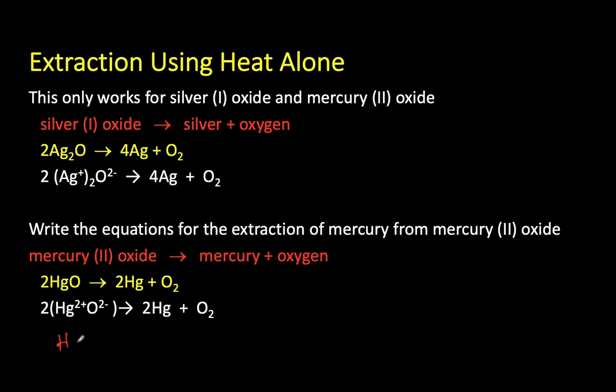So Hg2+ plus 2 electrons becomes Hg, and it would be liquid because mercury is our liquid metal.